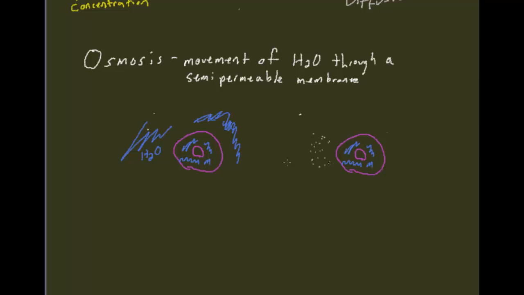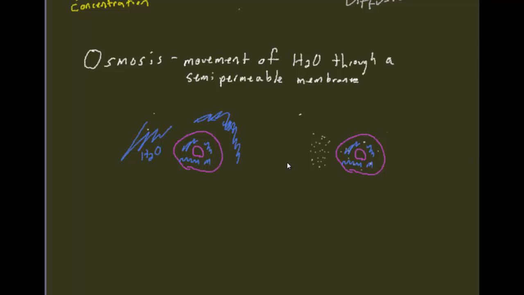There's a lot of salt molecules in it. And let's say the water inside the cell has salt molecules too, but it doesn't have nearly as many. As you can see, I only have a few salt molecules inside the cell. I got a whole lot of them outside. So this solution has more solute in it. This solution has more salinity.